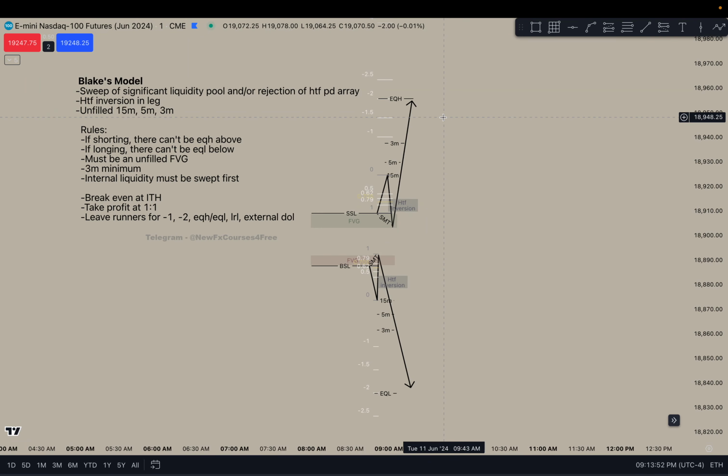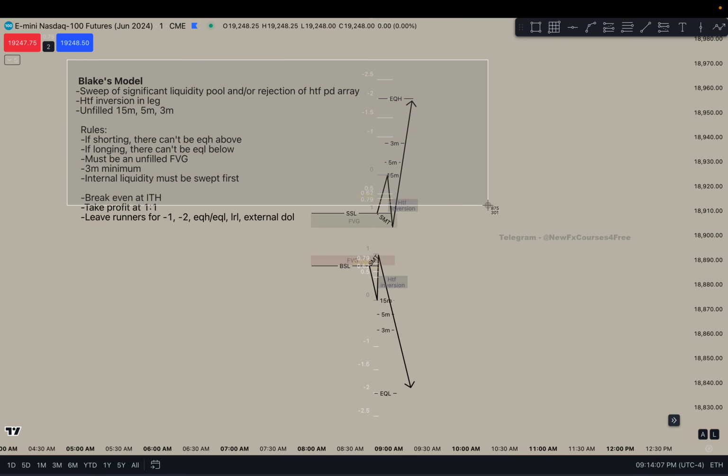I like Pinda's guitar here. Pinda's guitar, bro. I was like, what the fuck? Should have come to charting, bro.